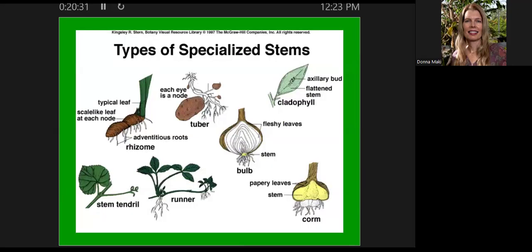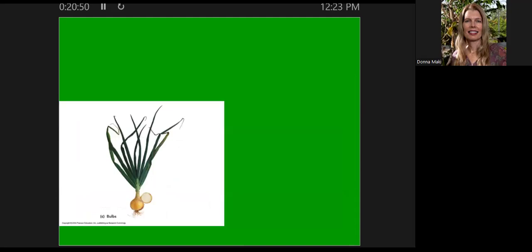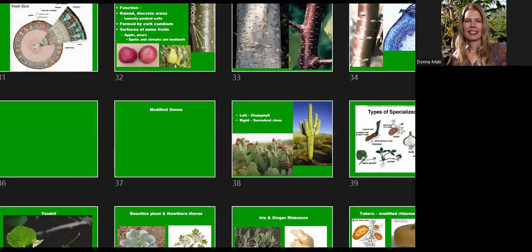Here's a whole series of different things that stem tissue can adapt into. I'm going to go through some of these in the next slides. So bulbs, we'll look at some bulbs in lab.